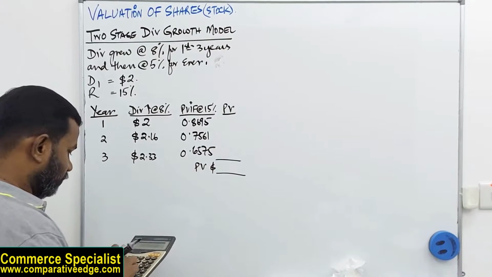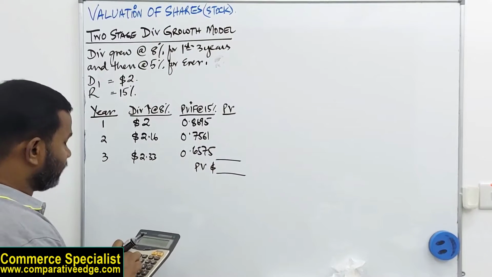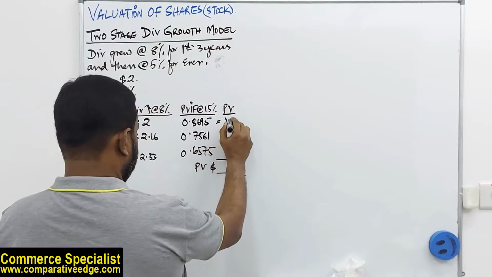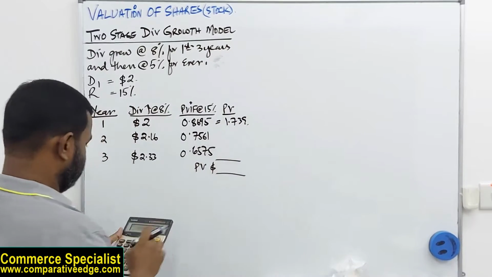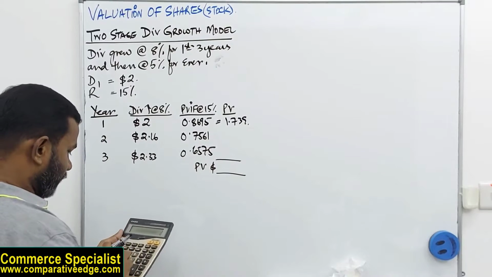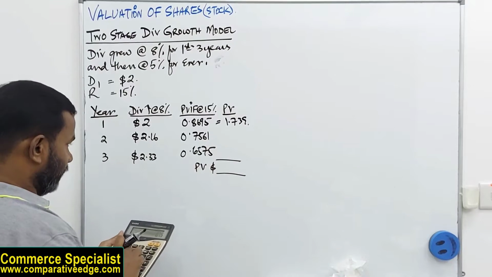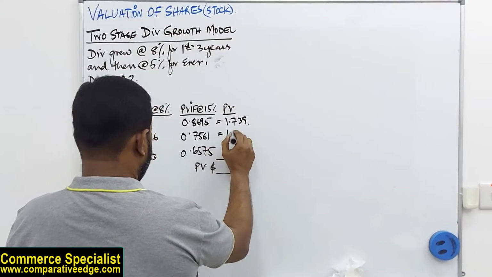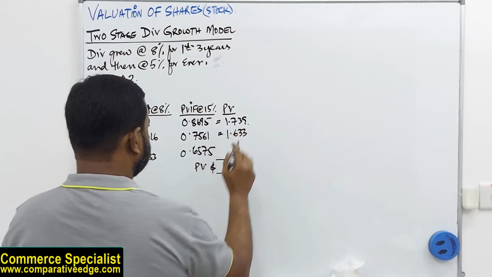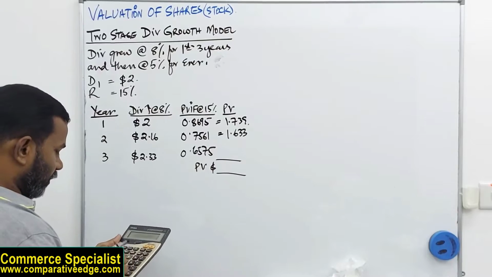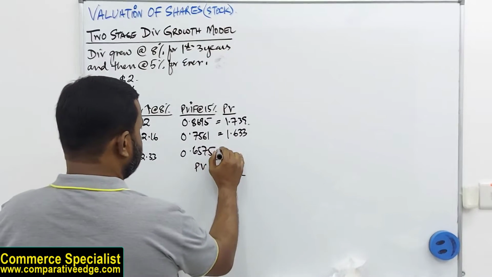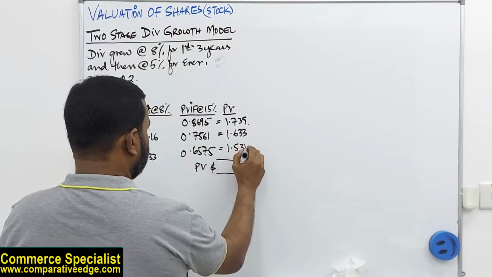So 2 into 0.8695 gives me 1.739. Then 2.16 into 0.7561 gives me 1.633, and 2.33 into 0.6575 gives me 1.531.